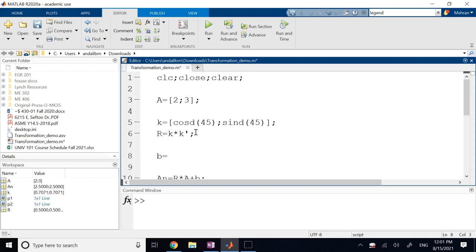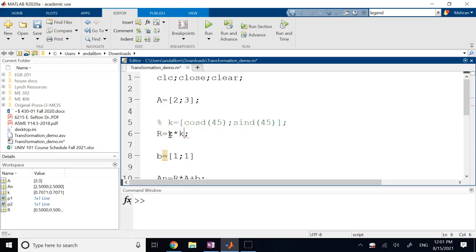Let's say b is equal to whatever you want. Move it 1 unit x and 1 unit y, and let me get my r matrix or a matrix back to a rotation, if you don't mind.